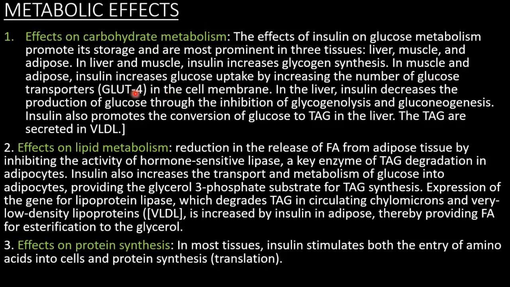It increases the number of GLUT4 transporters expressed in the cell membrane of muscle and adipose. In the liver, insulin decreases the production of glucose by inhibiting glycogenolysis and gluconeogenesis. Also, insulin promotes the conversion of glucose to triacylglycerols in the liver, and these triacylglycerols are then secreted from the liver in the form of very low density lipoproteins.